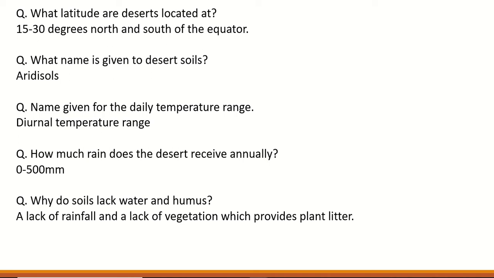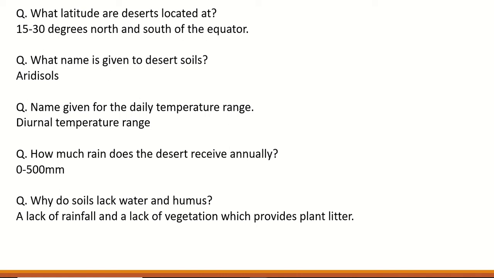A cold ocean current means that the air coming in above the ocean, as it comes in to land over deserts, does not have the ability to hold moisture. Cold air cannot hold moisture. So when that cold air reaches the desert, it'll get heated up, but it has no moisture in it, so it will not bring any rainfall. Hence, when it reaches deserts, it will not bring rain.